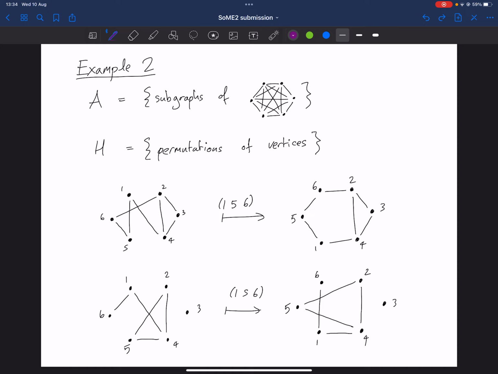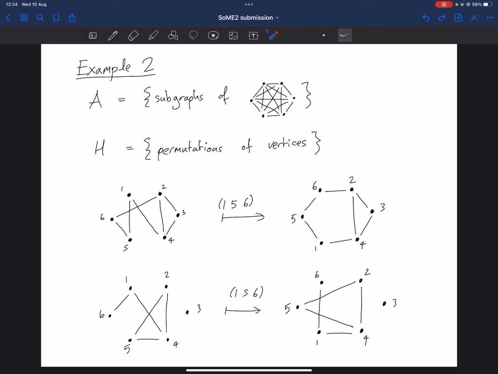So let's see where this particular permutation sends two example elements of our set A. So we have a subgraph here. When we send vertex 1 to the place of vertex 5, which is down here, send vertex 5 to the place of vertex 6, which is here, send vertex 6 to the place of vertex 1, then, for example, the edge that was between vertex 1 and vertex 5 maps to the edge between vertex 1 and vertex 5.